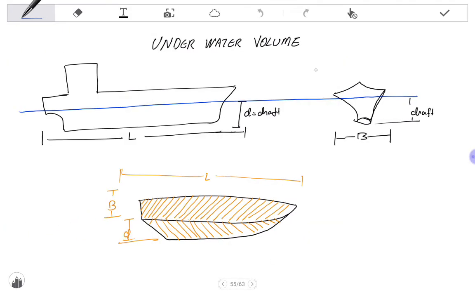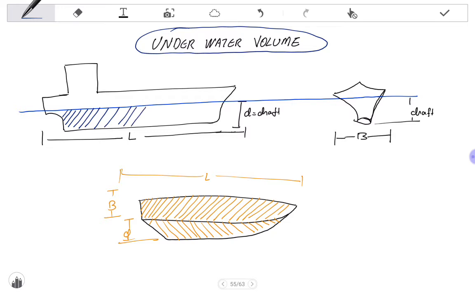Now similarly, like water plane area, there is something called underwater volume that we already discussed earlier. So again I will explain. This is a ship floating in water. The volume of the ship below the water line is called underwater volume.